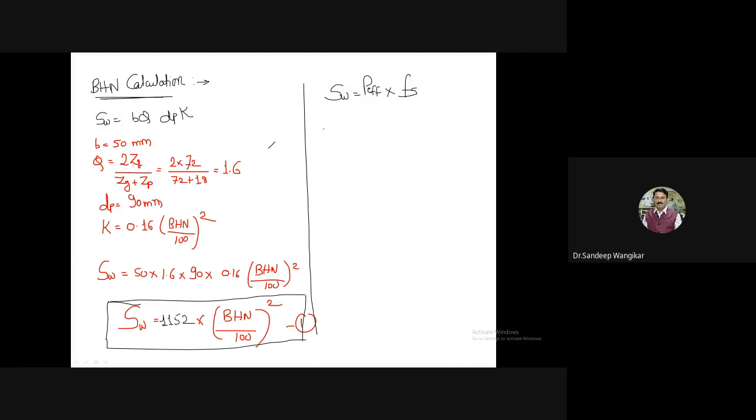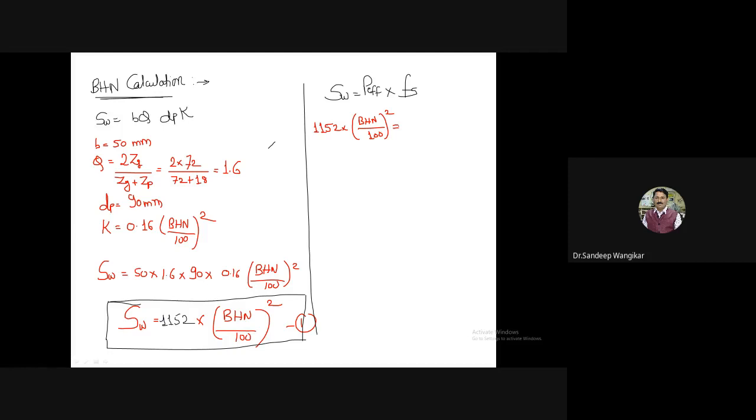So now SW I will put the value as 1152 into BHN divided by 100 bracket square is equal to P effective. What is the value of P effective? It is nothing but CSPT divided by CV. We can calculate separately or go for a combined calculation also.